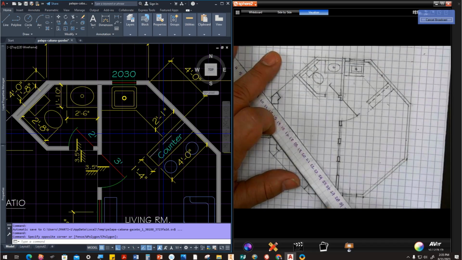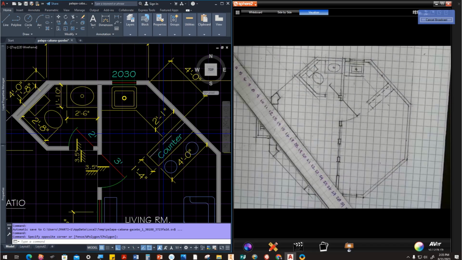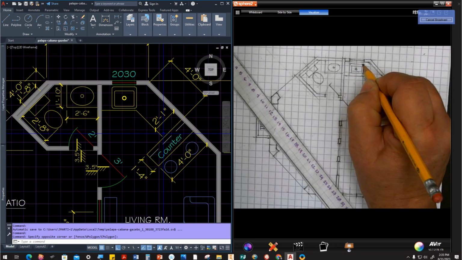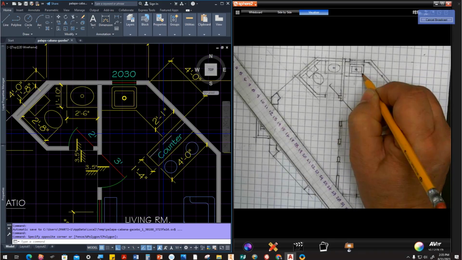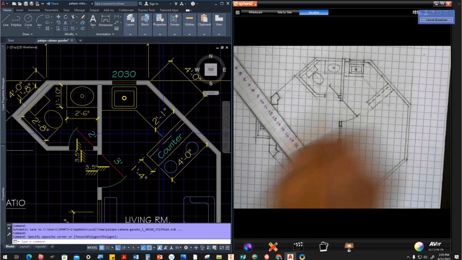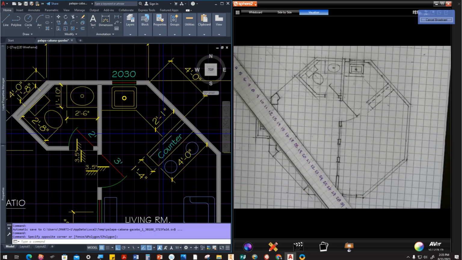And there you have a nice symbol for a single bin sink. You can even round the corners, what is called fillet. But it's kind of detailed.